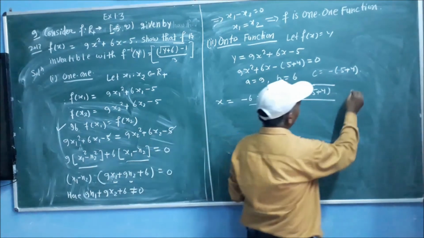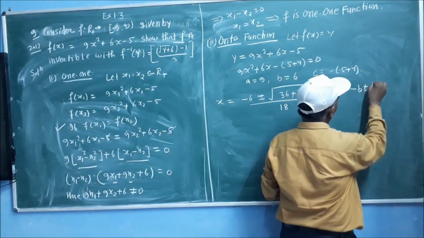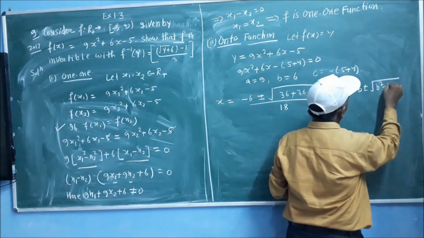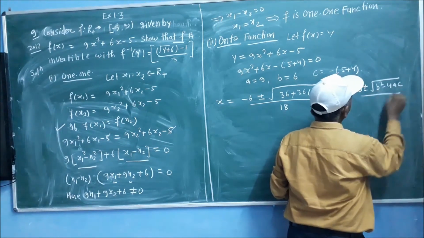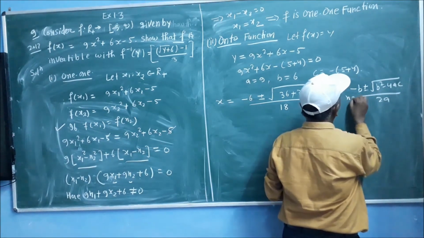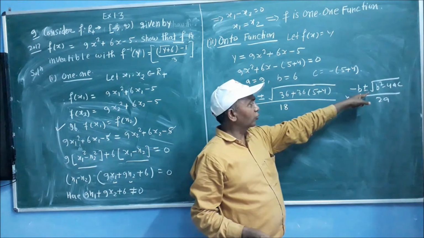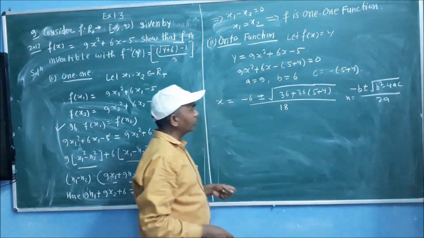Your formula is x equal to minus b plus minus root b square minus 4ac upon 2a.